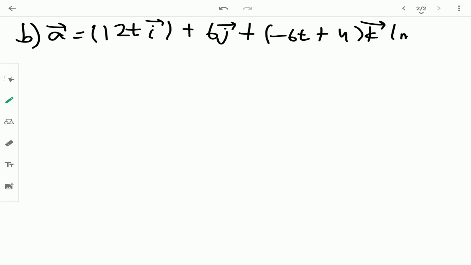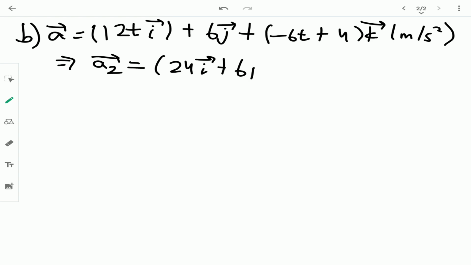Again, this is not the complete answer. We have to find a at 2 seconds. So again, all we have to do is substitute, and we should get 24i plus 6j minus 8k meters per second squared.